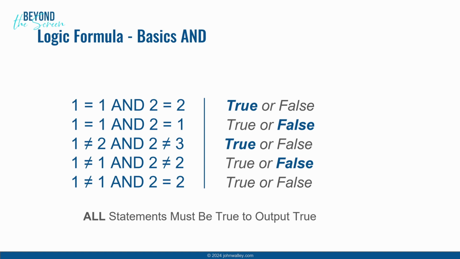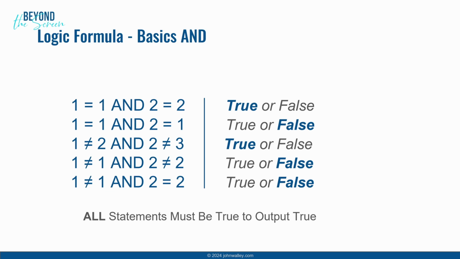In this scenario, 1 not equal to 1 is a false statement, and our second statement, 2 equals 2, is a true statement. So we have a false and a true statement, making the overall condition false. All right, so remember with ANDs, everything in the statement has to be true for it to be true.